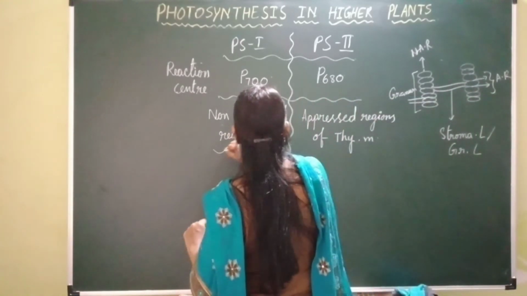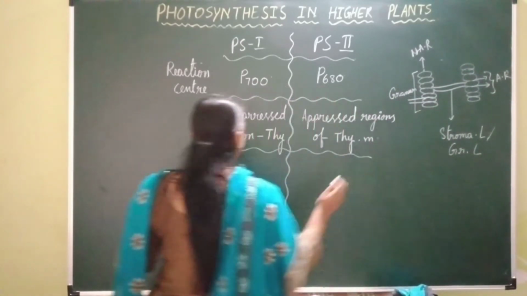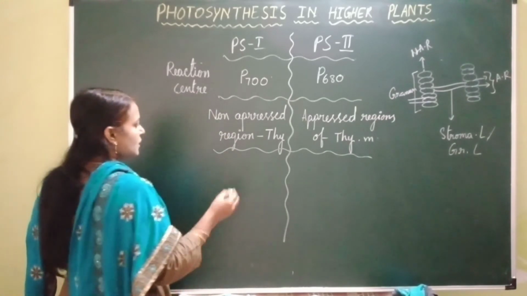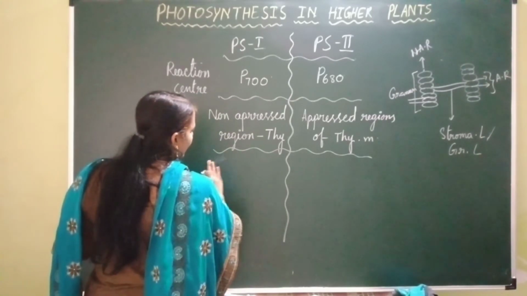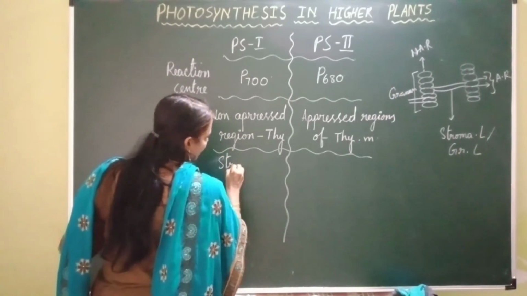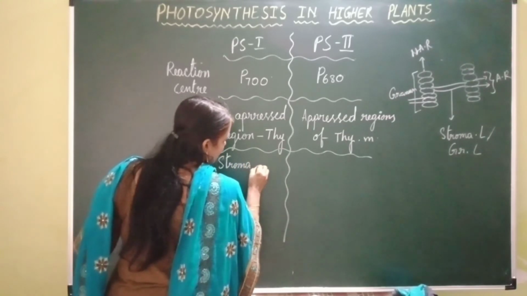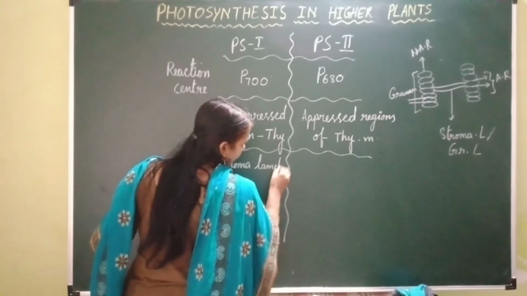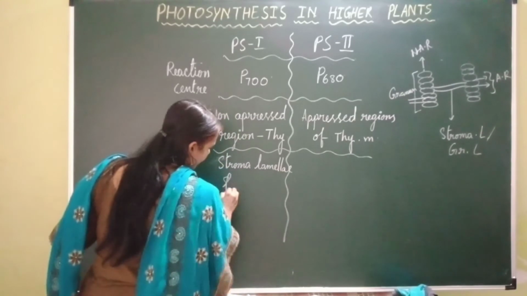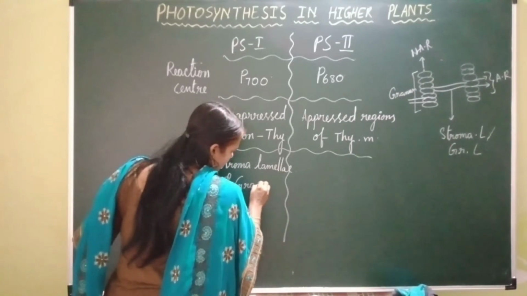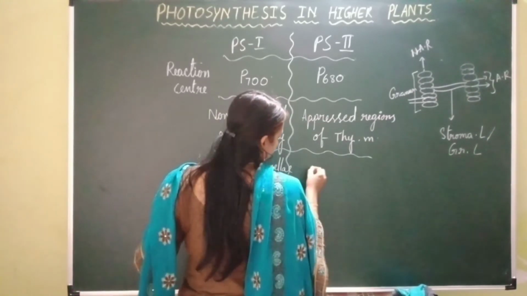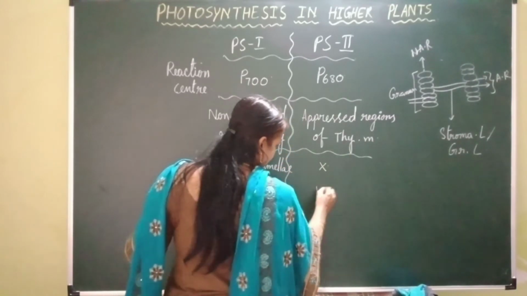Okay, next coming to photosystem 1. Photosystem 1 is present in both stroma lamellae and grana. Whereas photosystem 2 is absent in stroma lamellae, but it is present in grana.